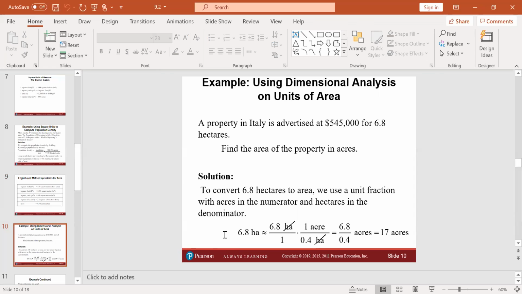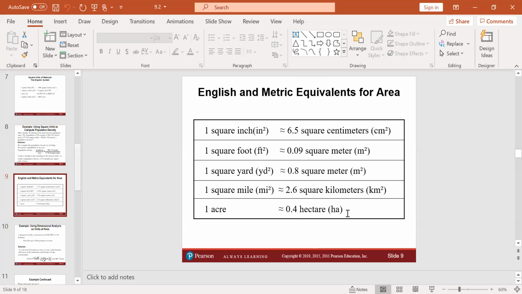But what we are going to do is take 6.8 hectares. Now we want to convert from hectares to acres, so we should use this bottommost conversion. We can make 2 unit fractions out of this. We could say 1 acre per 0.4 hectares, or we can flip it on its head: 0.4 hectares per 1 acre.